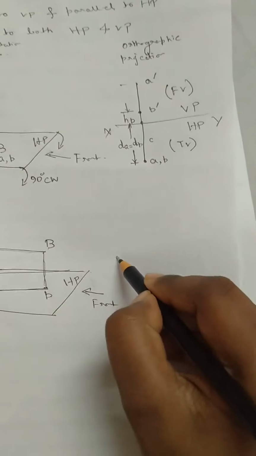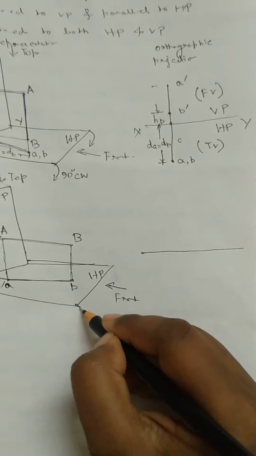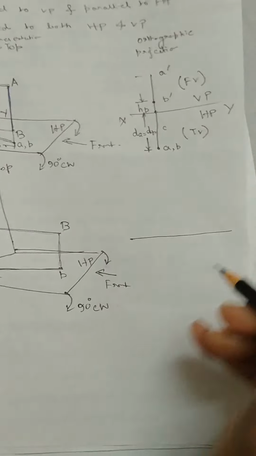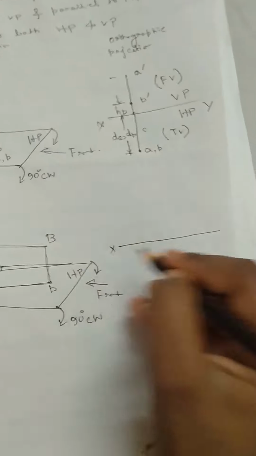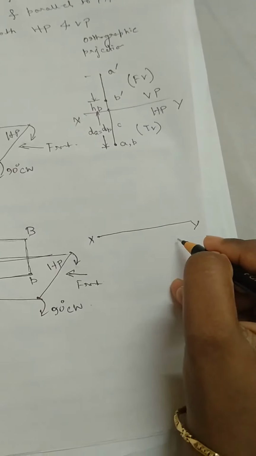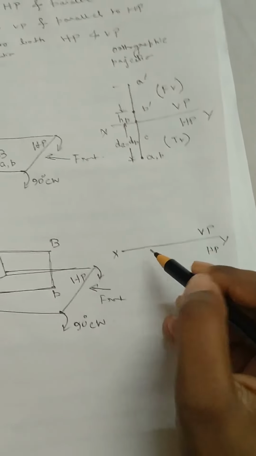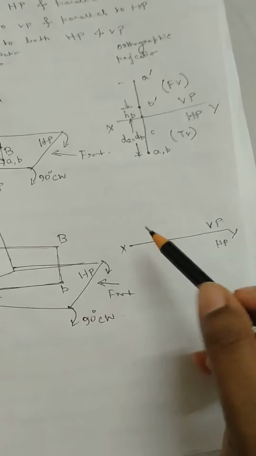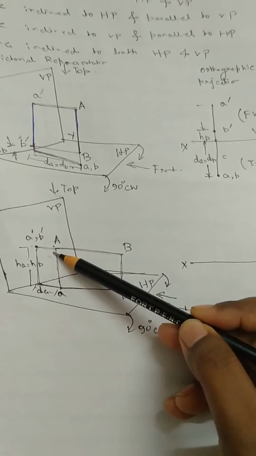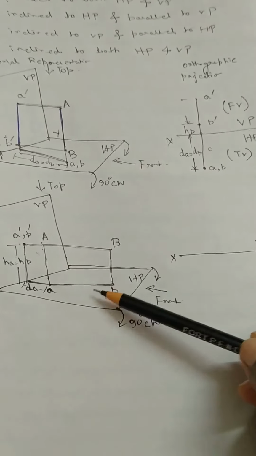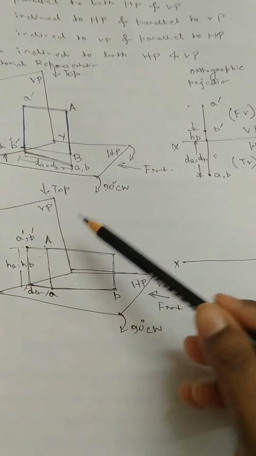So how will it look in your 2D plane? Again same case, we are going to rotate it 90 degrees clockwise and we will get XY and again here HP, VP. So now where is our true length? It is not on VP, it will be on HP.